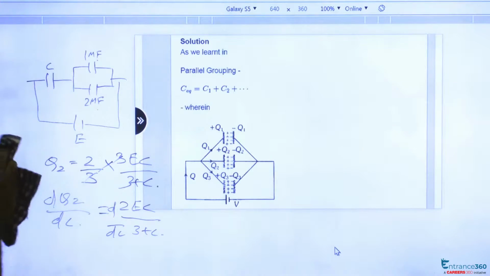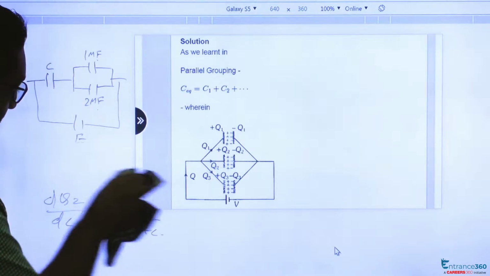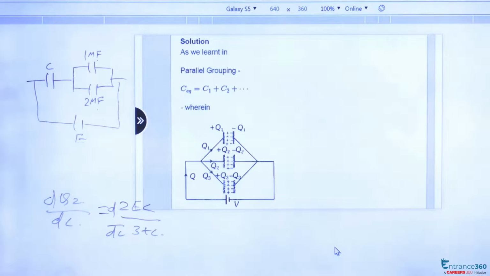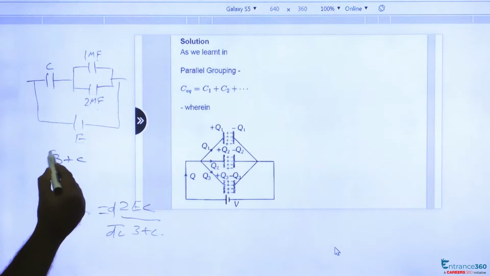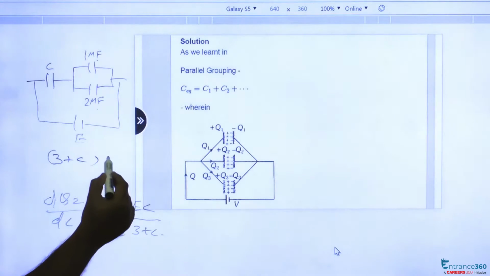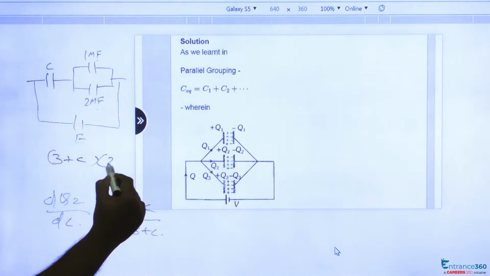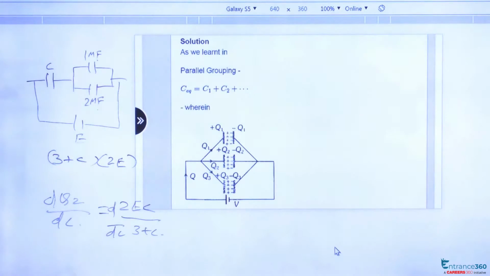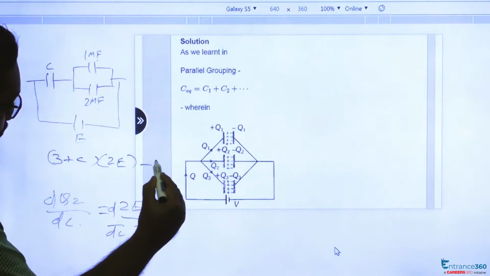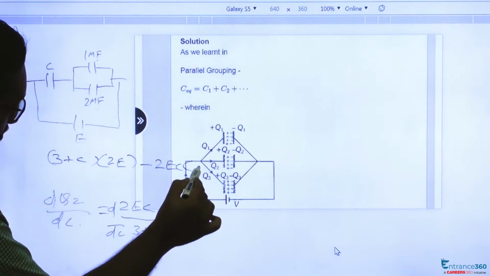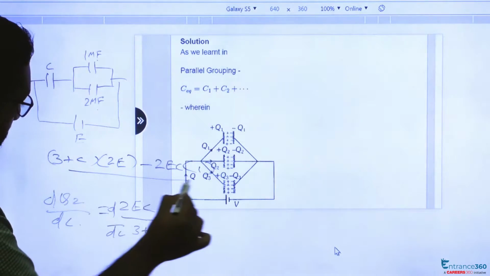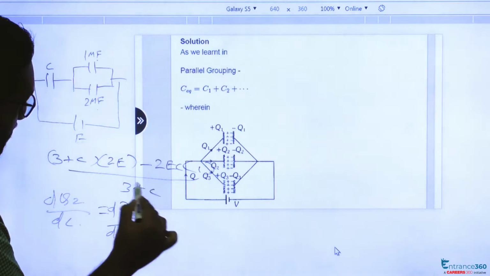We will get 3 plus C, that is the denominator, into the differential of the numerator, that is 2E, since we are differentiating with respect to C, minus 2EC into the differential of the denominator, which is 1, whole divided by the denominator squared, (3 plus C) whole squared.